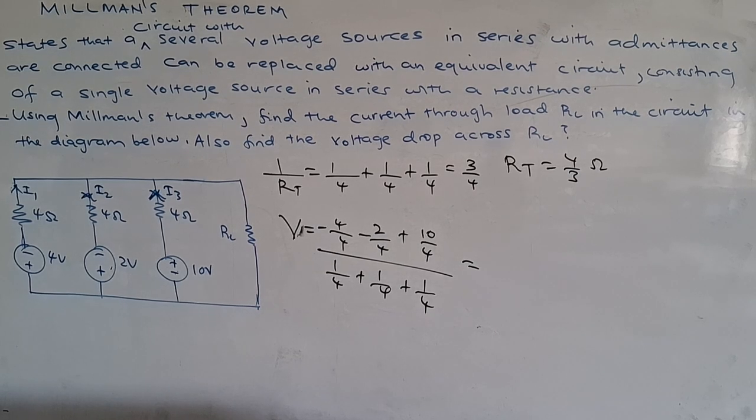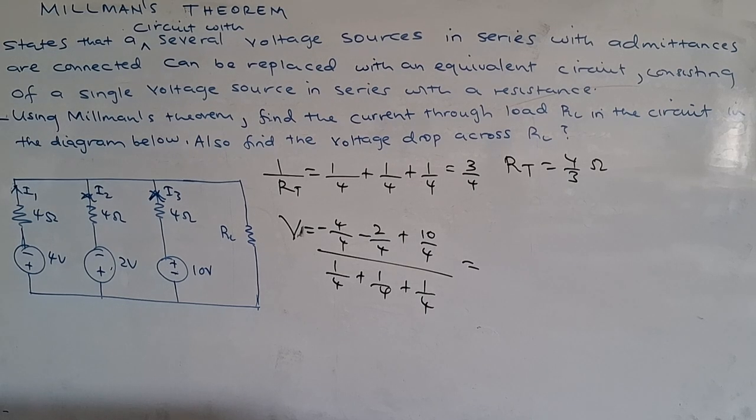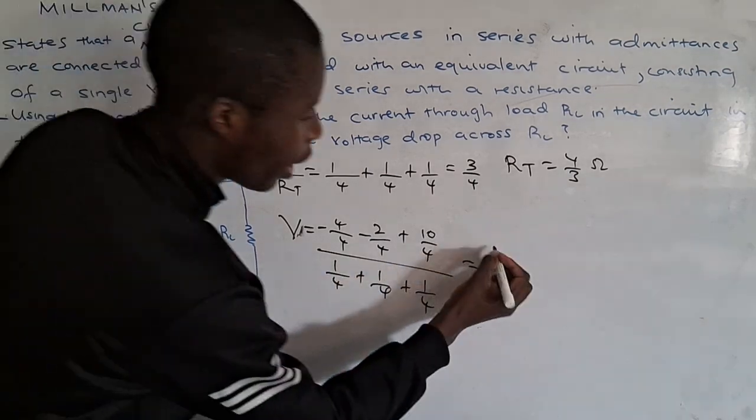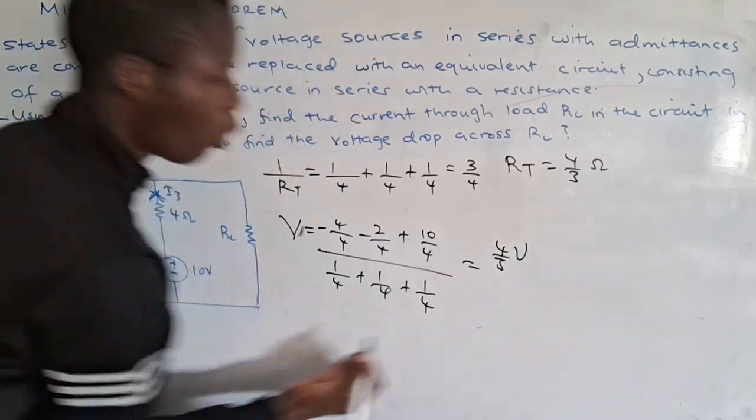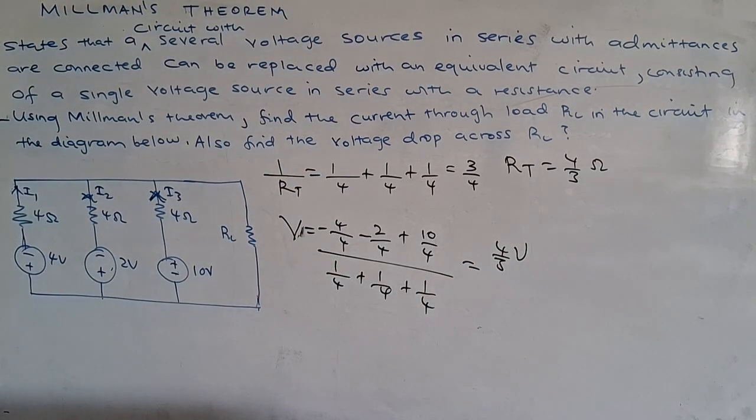This is negative 1 minus 0.5 plus 2.5, which is equal to 1, divided by 3 divided by 4, which is 4 by 3. Again, I'm getting 4 by 3 volts.